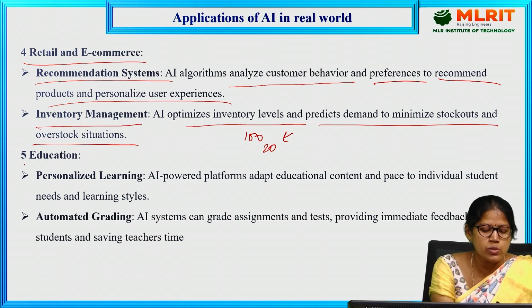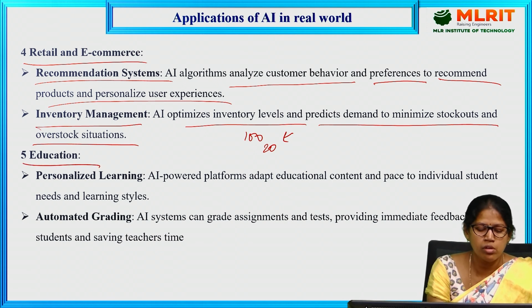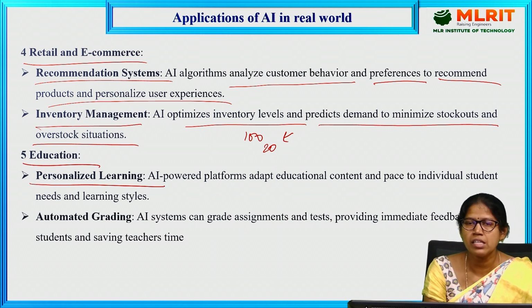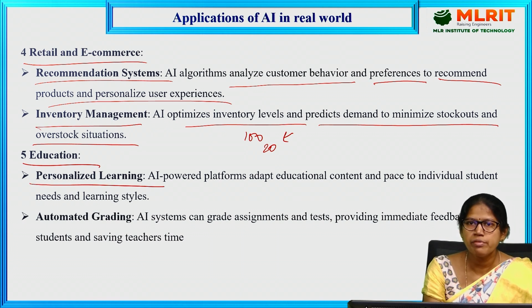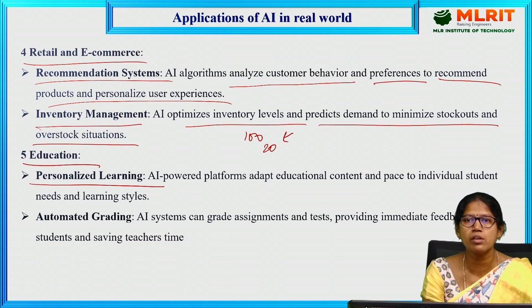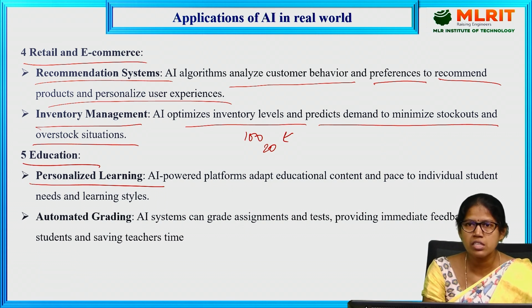The next one is education. How will AI help in education? The first one is personalized learning based upon the student's requirements and feedback. It will analyze and give detailed information about the particular chapter or topic, and it will ask if you require any document or want to solve a problem, asking each and every detail about the topic or subject.